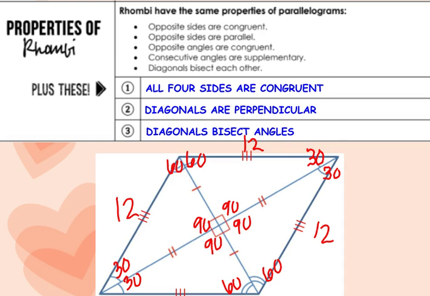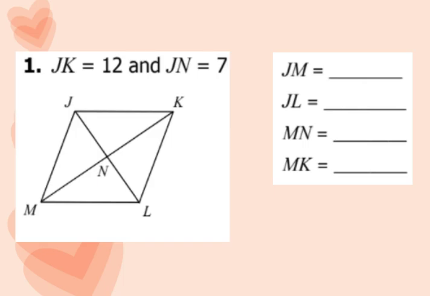Let's find some side lengths. So let's mark our picture and see what we can figure out. Alright, what would JM be? 12. Yeah, because all your sides are the same, kids. These are all 12 all the way around.